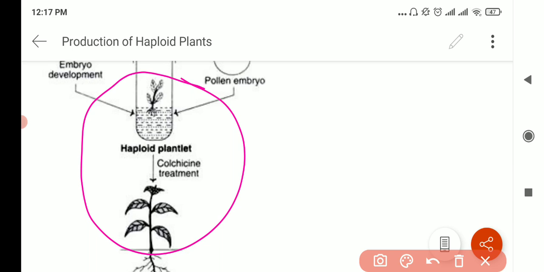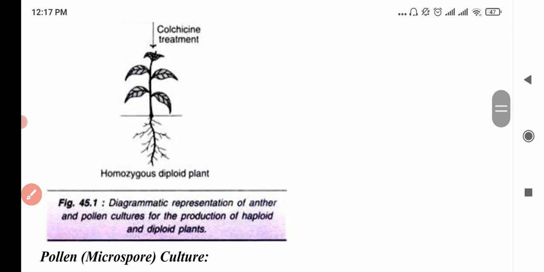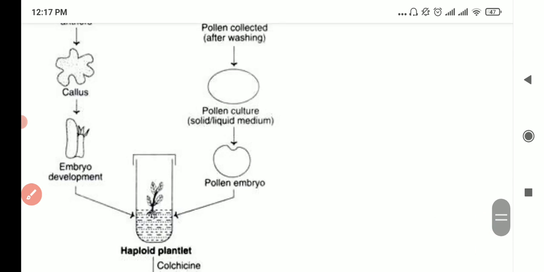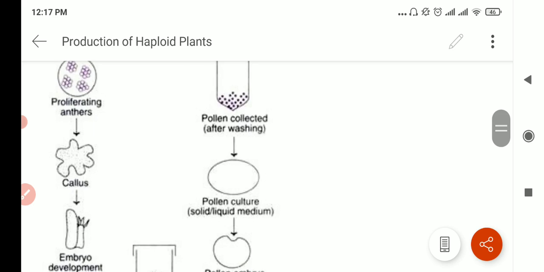It directly halves the chromosomes, from 2n directly it becomes n. You just add this colchicine, it directly becomes single n, and whatever cell is there, you just grow it, and directly you will get a haploid plant. So don't confuse, this is just like a shortcut. This is using the treatment method, and the other is using the culture method.